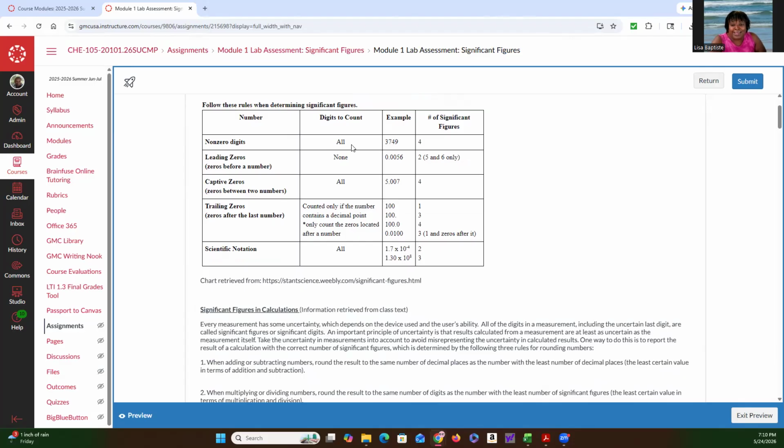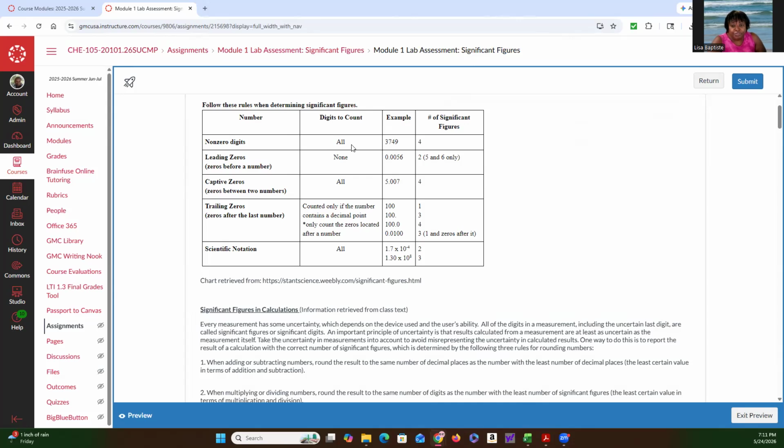So, what do we mean by significant figures? When we're doing calculations in chemistry, there are numbers that we consider to be significant, or what we use to count to determine how we round our final answer.